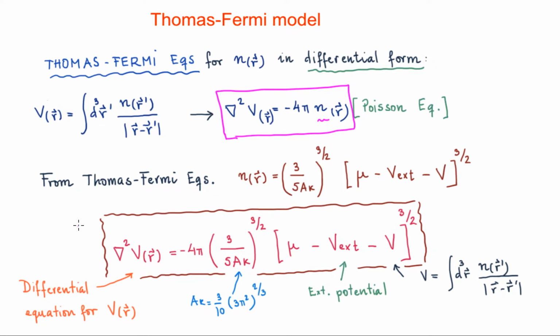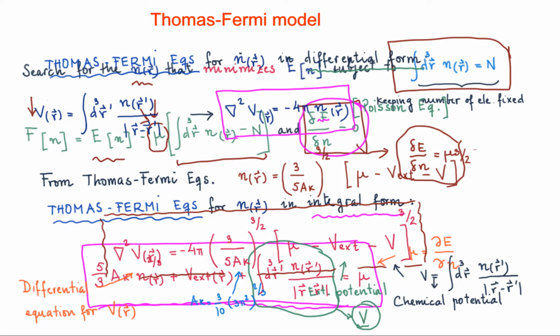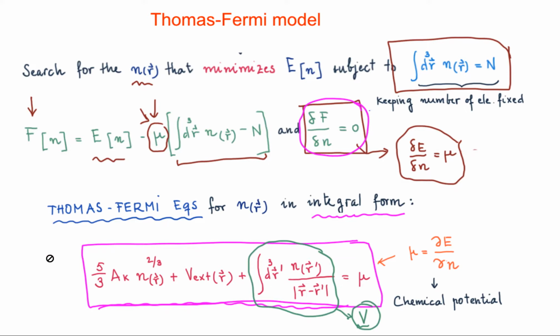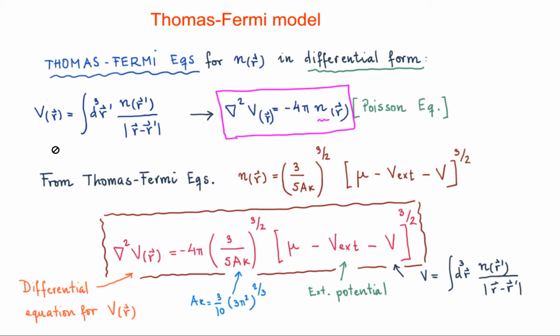And in the equations before, you can write the electronic density in terms of the external potential and induced potential. If you isolate the electronic density, the result is this one.